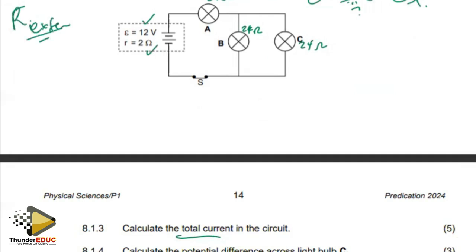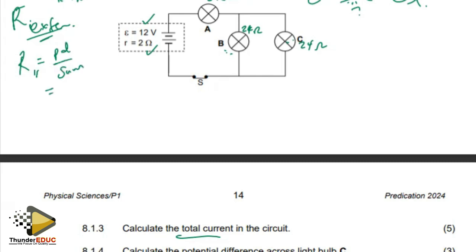Okay, so resistance external. I see that B and C are in parallel. And then A is in series with this parallel combination. So let me just get the R for the parallel. That's 1 over R1 plus 1 over R2, and I prefer using product over the sum.